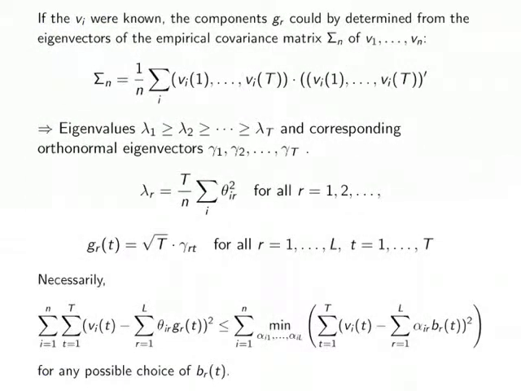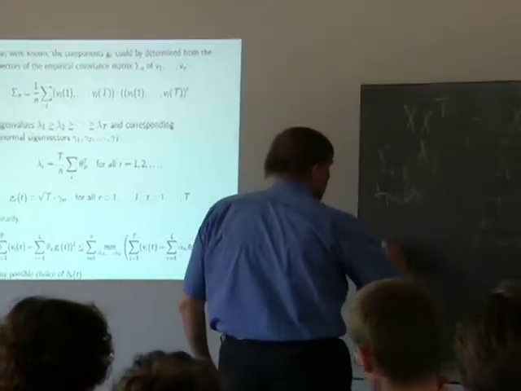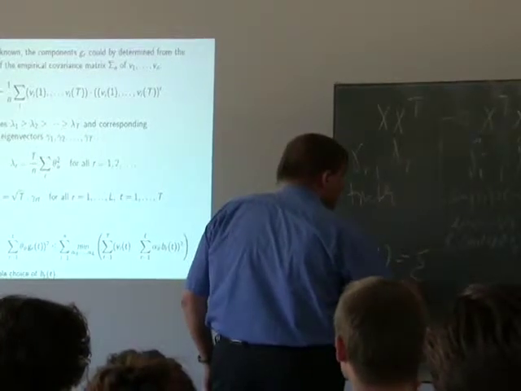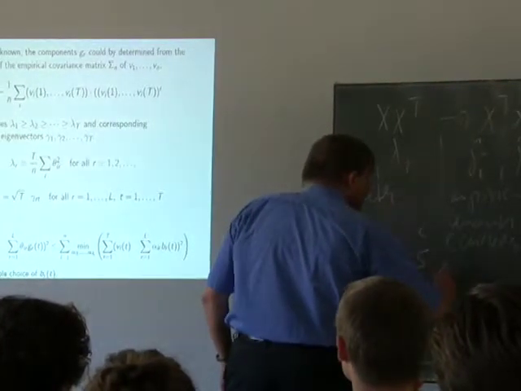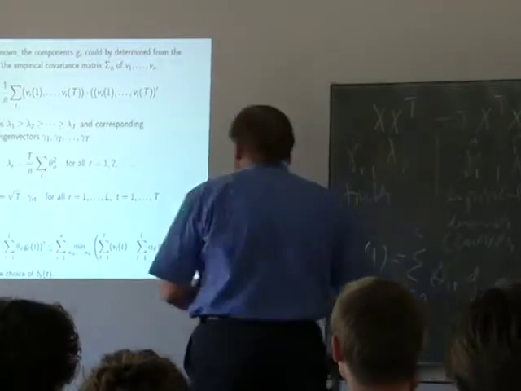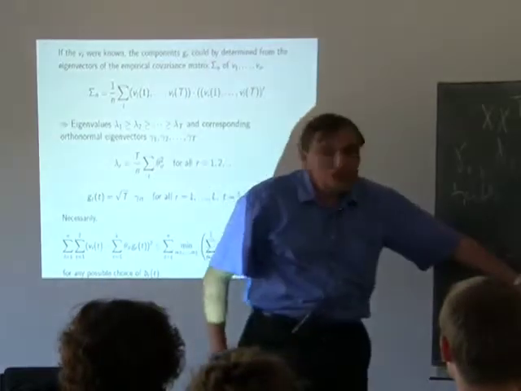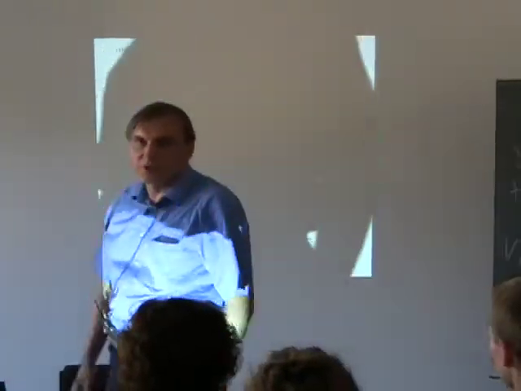Okay. So, estimation procedure. This is something we've already seen in the other talks before. I just use, in this case, the empirical covariance matrix of the V's. Yeah? Just recall, you have this model that V_i of t is the sum r=1 to L of theta_ir g_r of t. First of all, if we knew these functions, we can decompose that and get the g's as principal components.